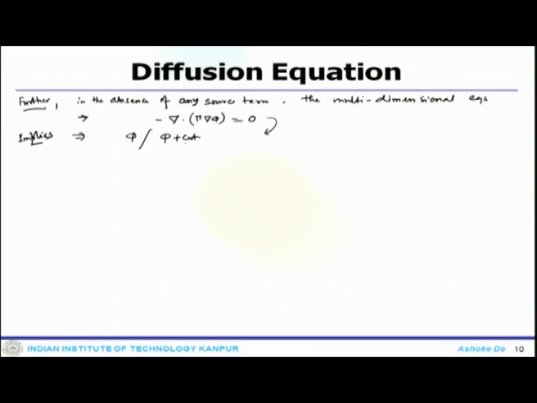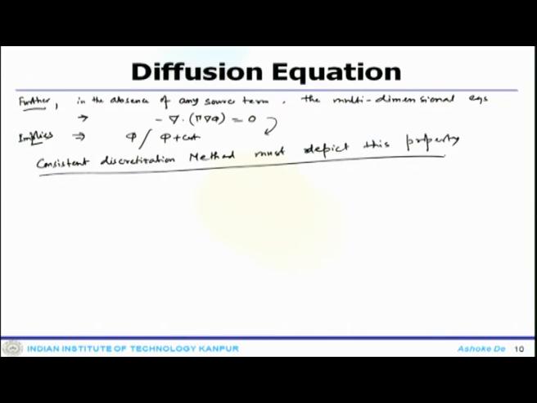A consistent discretization method should reflect this property, or rather, an important property of a consistent discretization method is that it must depict this property, which is one of the characteristics of a solution to elliptic PDEs.